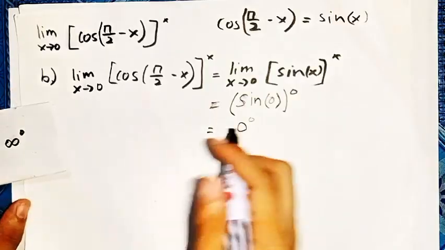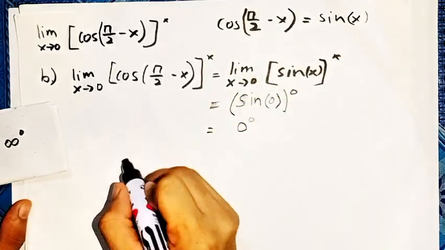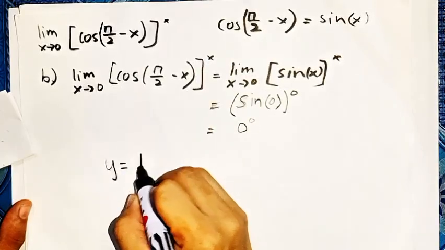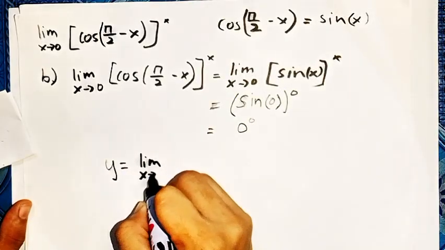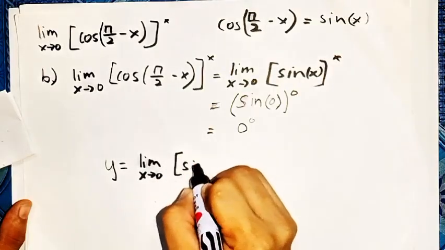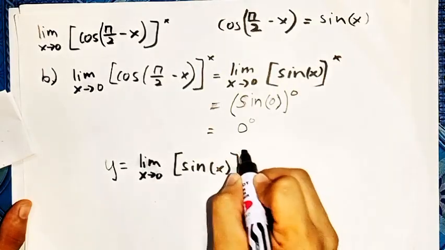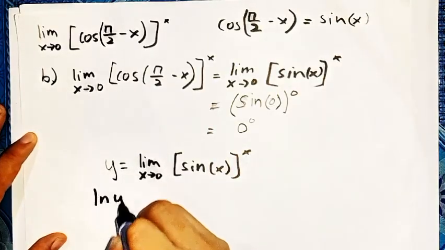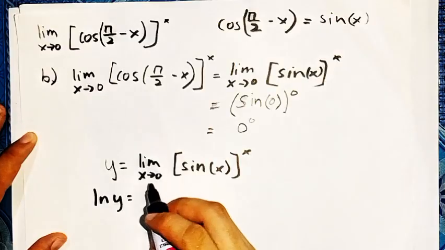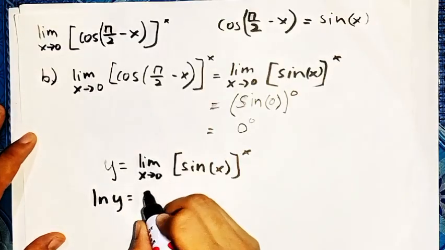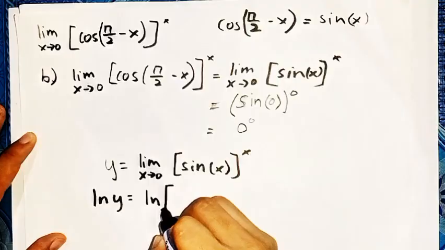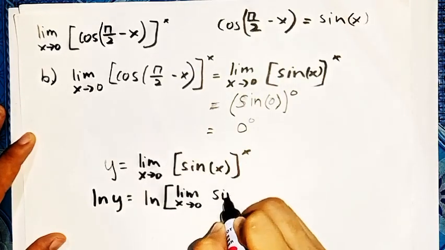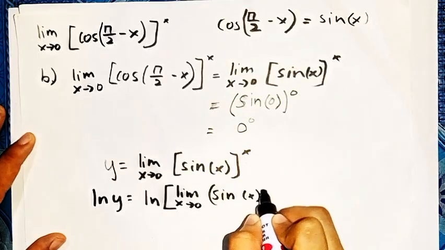So y is equal to the limit as x approaches 0 of sine x to the power of x. Get the ln of y, so we have ln y, and also ln of the limit as x approaches 0 of sine x to the power of x.